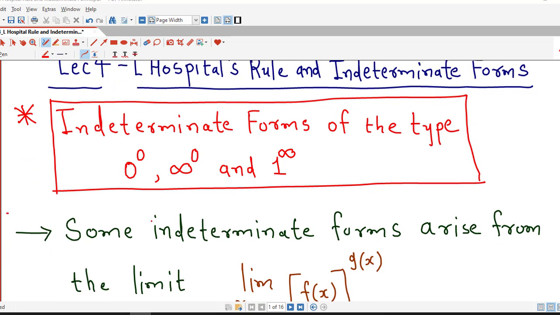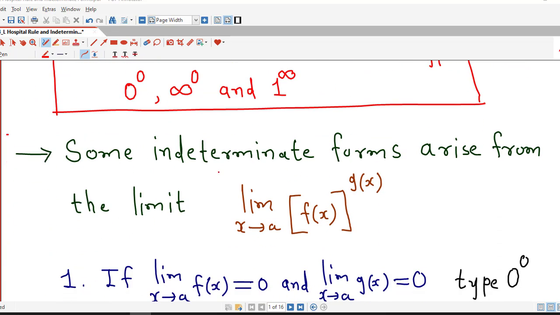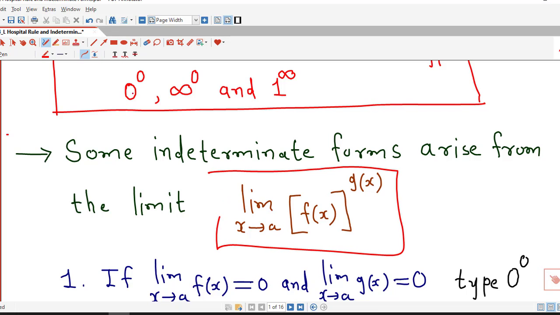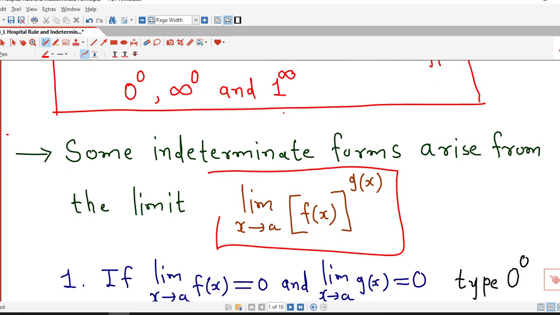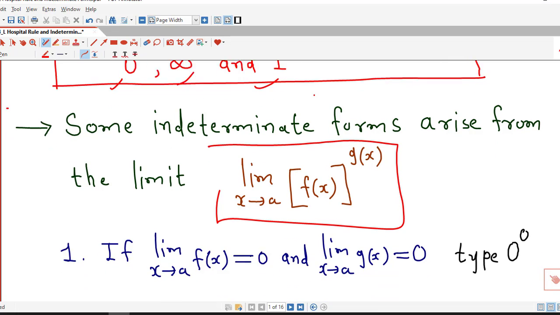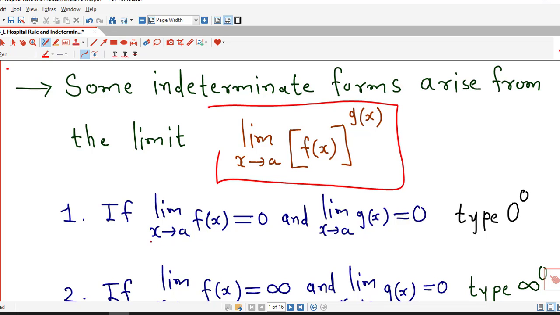Whenever we have limits of this form, these types of indeterminate forms may arise. Depending upon the limits of f(x) and g(x) as x approaches a, we will have different types. Suppose limit of f(x) is 0 and limit of g(x) is 0, then this limit will be an indeterminate form of type 0 to the power 0.